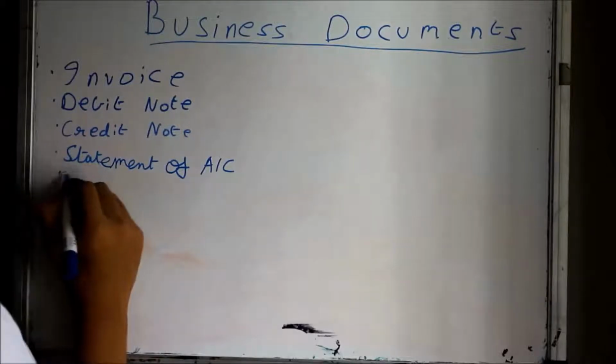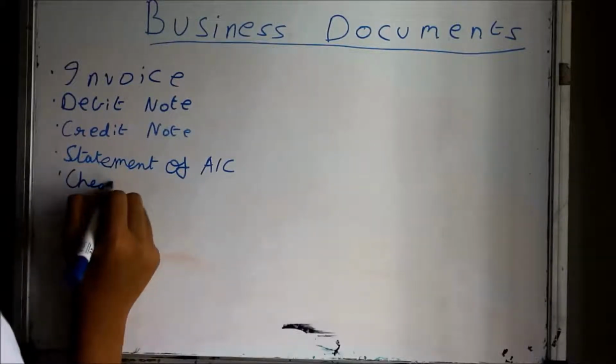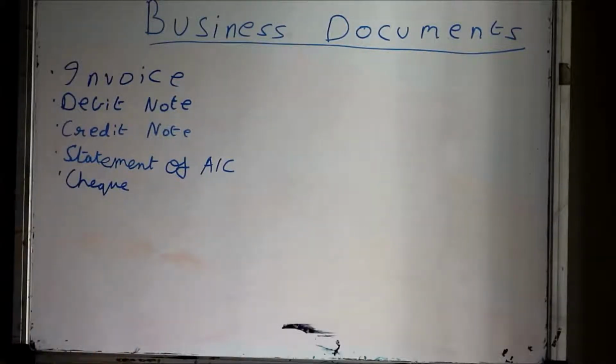So these are the official business documents. There are 5 of them, as you can see. So these will help in the production of the financial statement. Now I'm going to explain to you each and every one of them in detail.